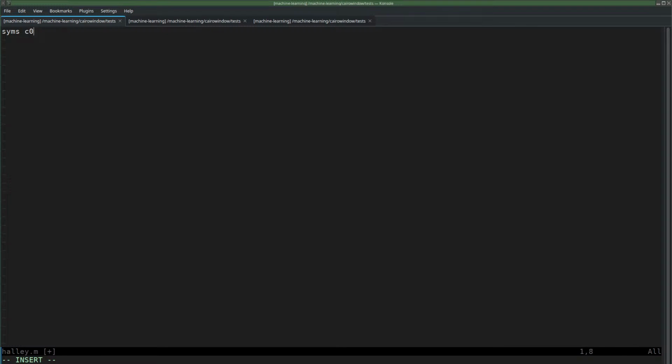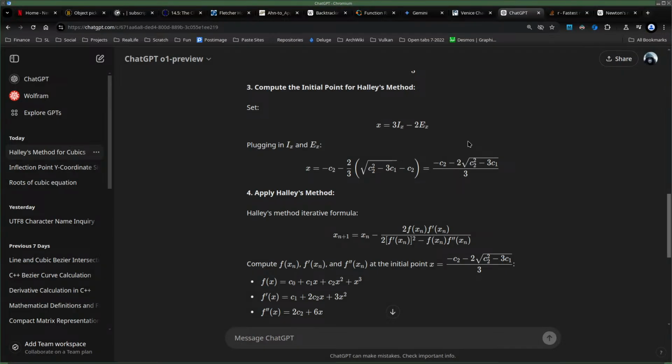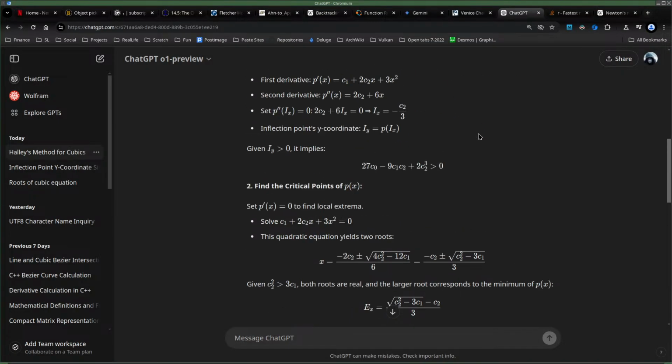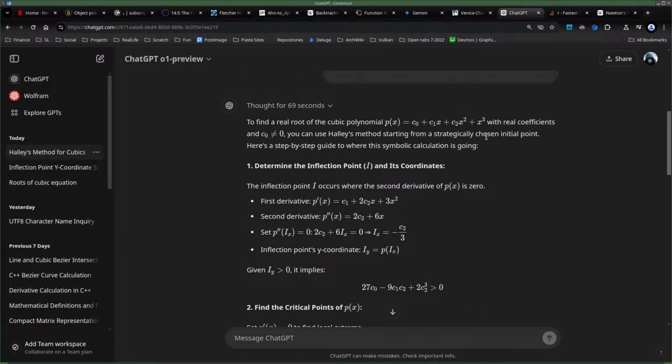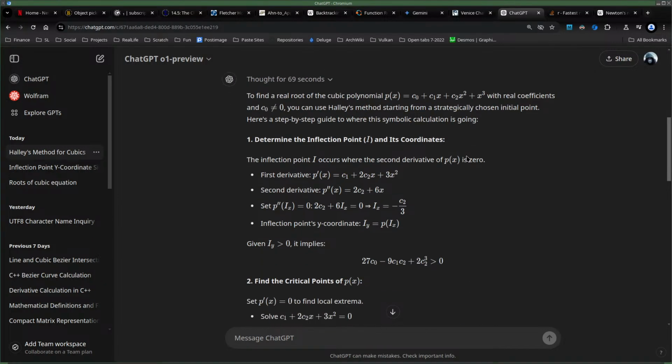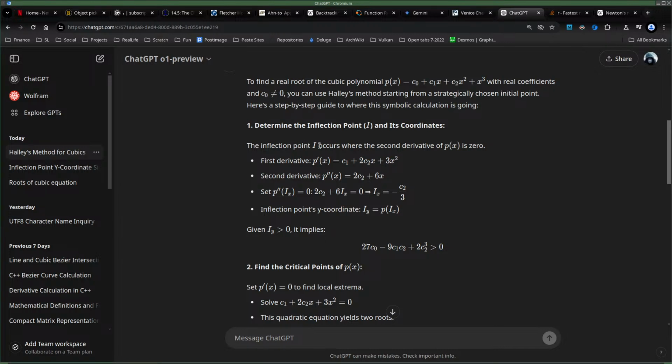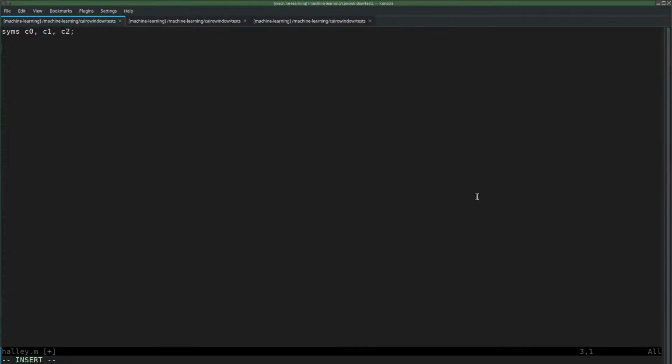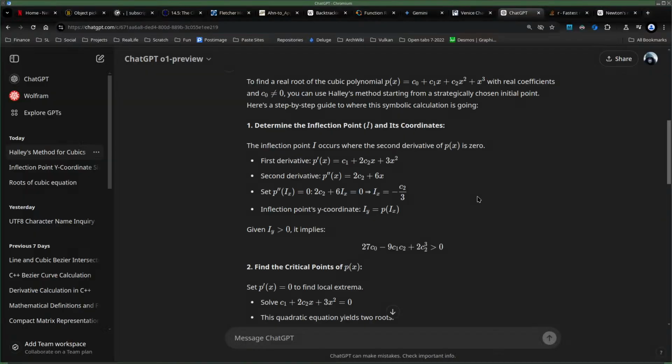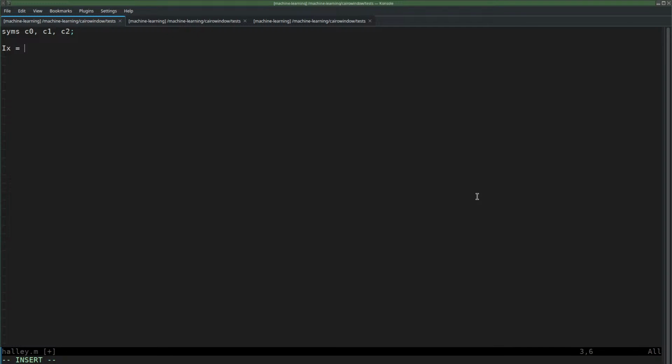So we have C0, C1, C2. And then the ix is minus C2 divided by 3.